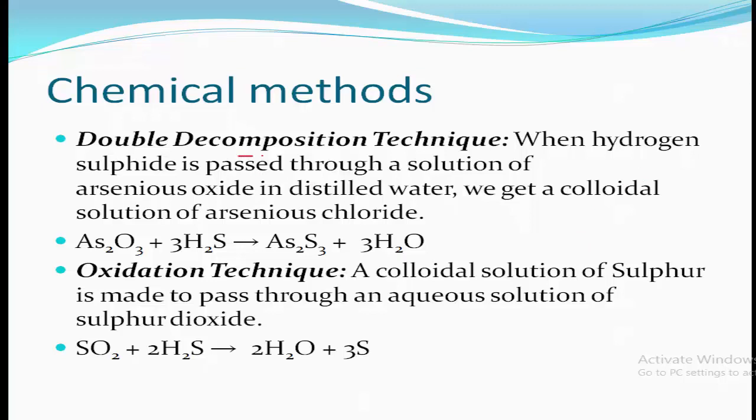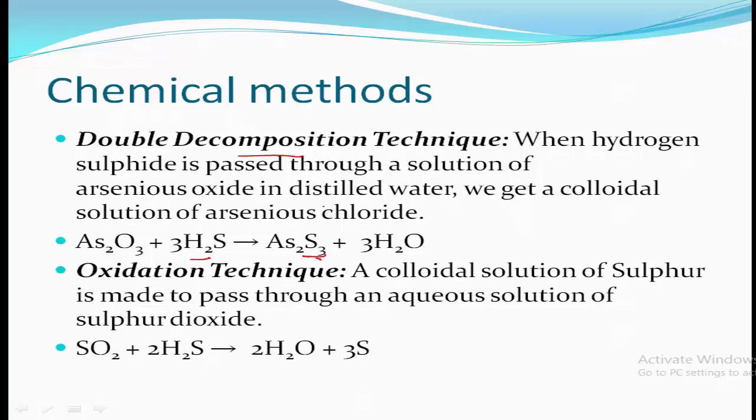In double decomposition, hydrogen sulphide, that is H2S, is passed through a solution of arsenious oxide in distilled water. We get a colloidal solution of arsenious sulphide.